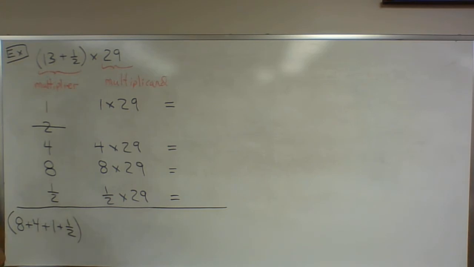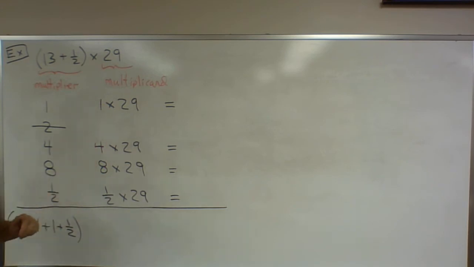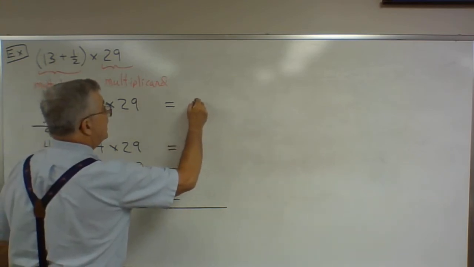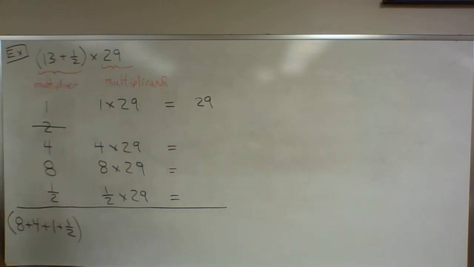Now, if you saw one of the previous videos, you know the Egyptians didn't have an equal sign, but we're going to put one here just so that we know exactly what's going on here. 1 times 29 is 29. 4 times 29, good gracious, let's see, 2 times 29 is 58.